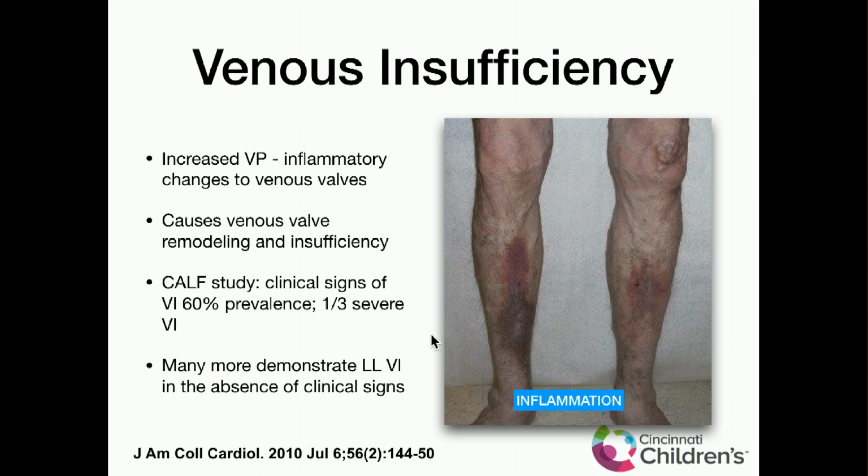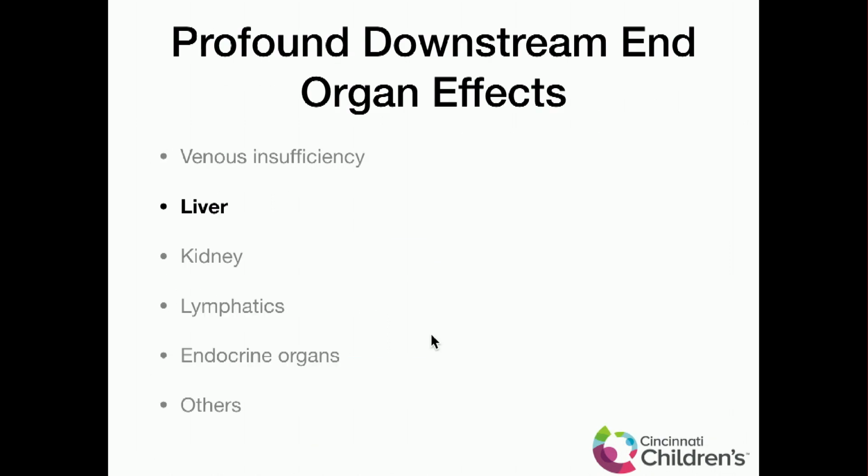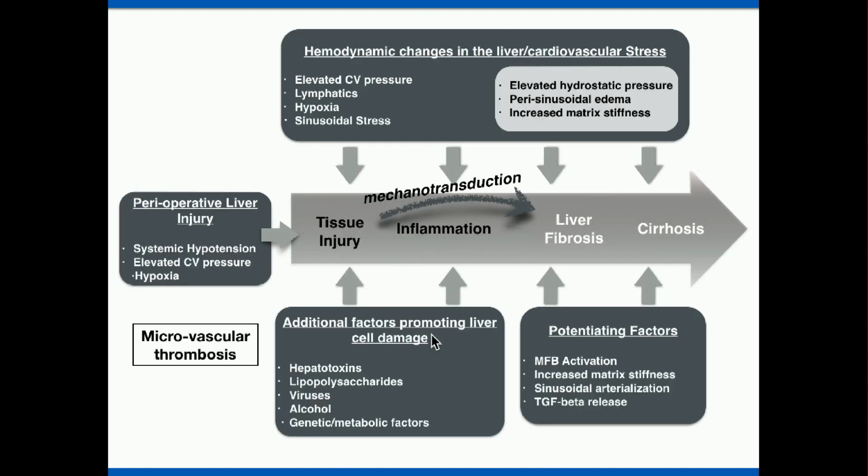But there's also a very interesting body of literature on venous insufficiency in other contexts, and this in itself is a very potent inducer of generalized inflammation in patients without cardiac disease. And the inflammatory changes that arise in the abnormal ectatic vessels are quite profound and may have effects centrally in our patients. So secondly, the liver.